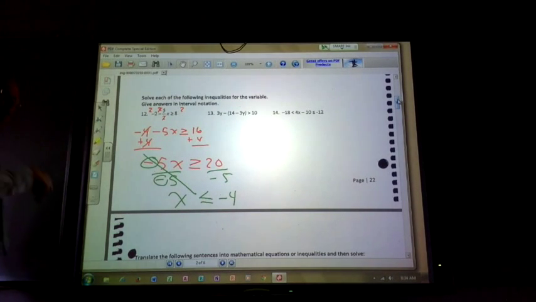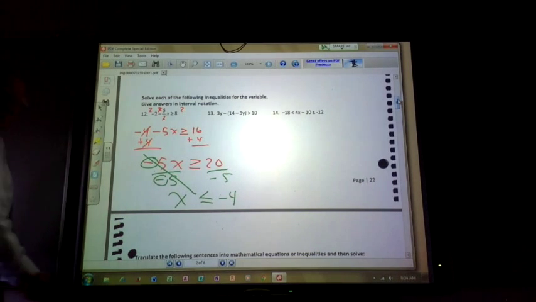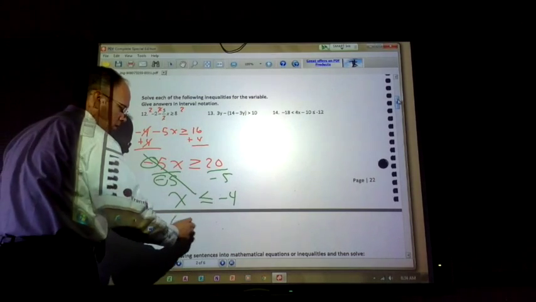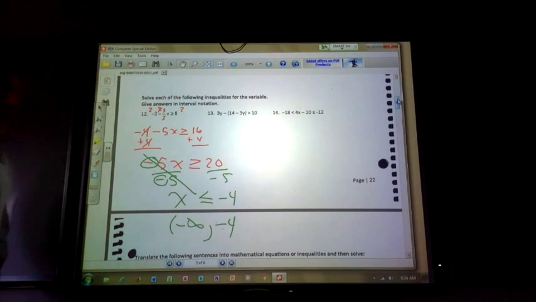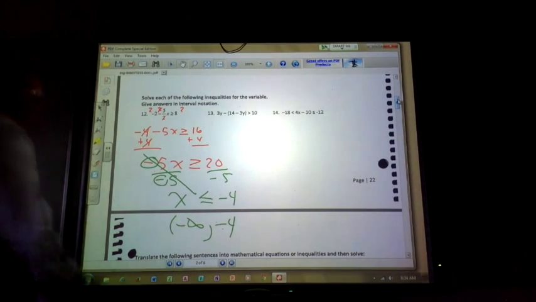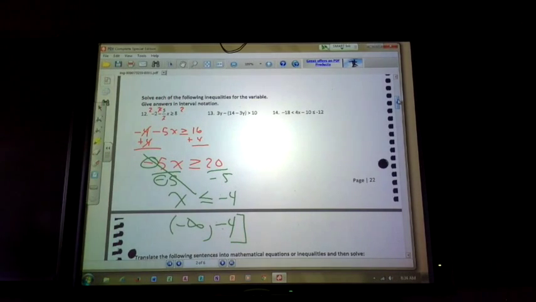So where am I going on that problem? Left, which goes to what direction? Negative infinity. So I'm going to go from negative infinity to negative 4. Is it a square bracket or a parenthesis? Square. Why square? Because we have the equal sign. There you go. Love it.